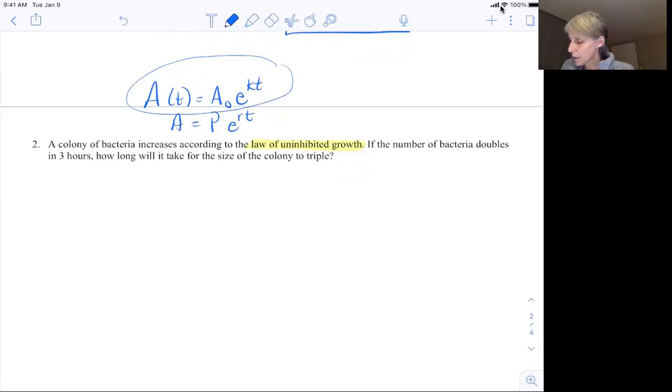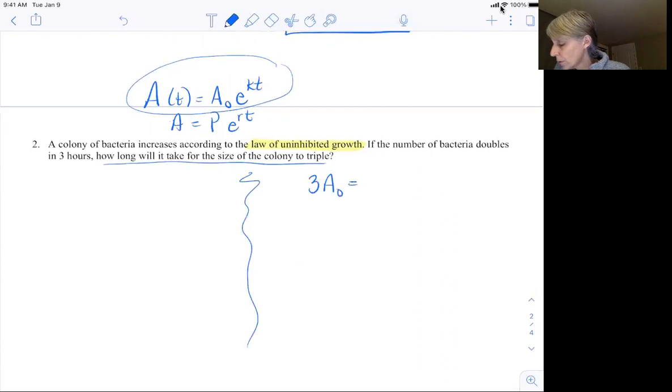If the number of bacteria doubles, and how long will it take? This is actually a two-part problem. I'm going to set up the second part first. How long will it take for the colony to triple? They're asking how long it will take for the colony to triple.